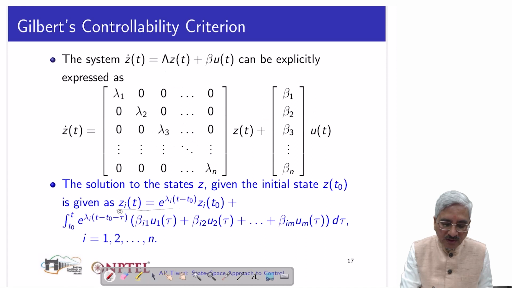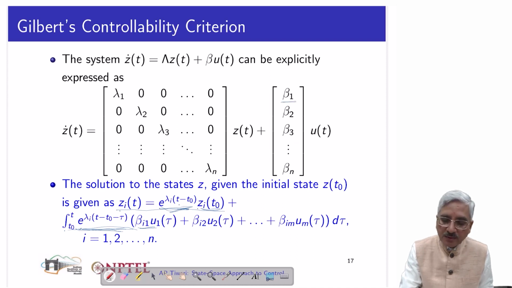Then the solution of the state, which is expressed by this expression, is the state transition matrix evaluated between t and t naught, multiplying the initial state, plus the integral of the state transition matrix into the elements of that ith row.